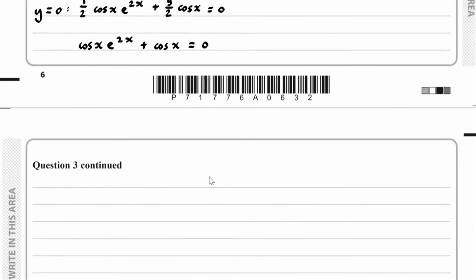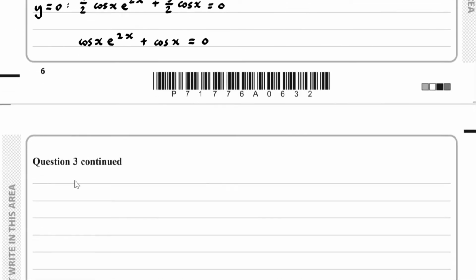And if I factorize out a cos x from both terms, we have cos x times e to the 2x plus 5 equals 0.